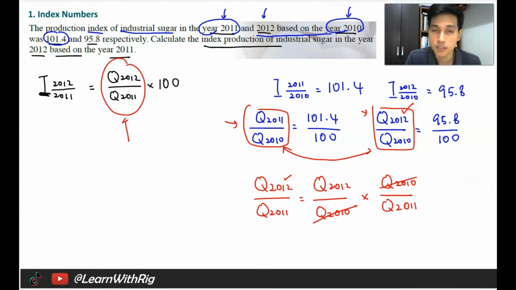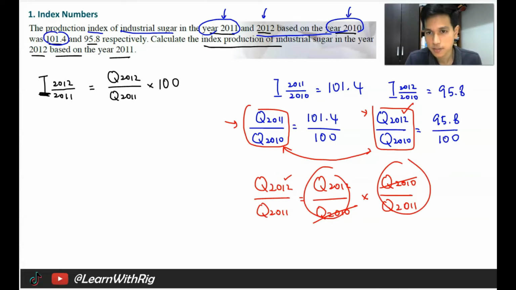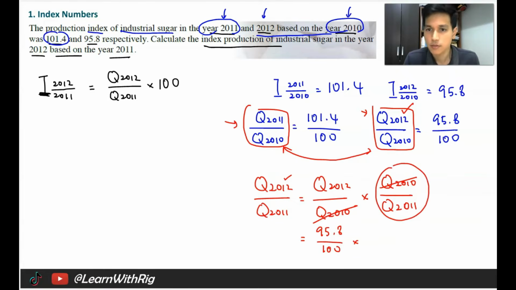The question is asking for this, not for these two. So you have to find a way to combine them such that you get what the question is asking for. We're going to take this times this. The first one, Q2012 based on Q2010, is 95.8 divided by 100, times the second, which is 2010 based on 2011.